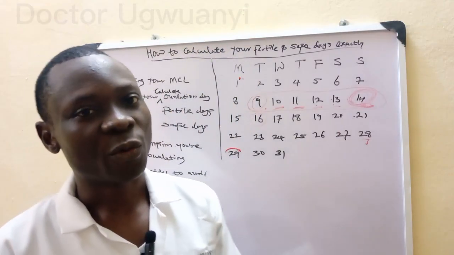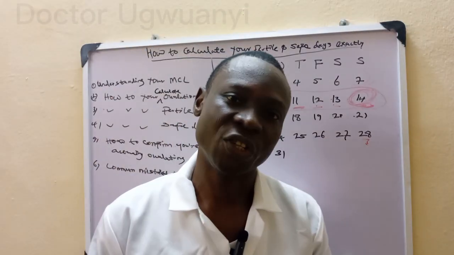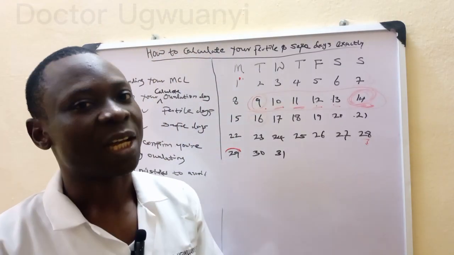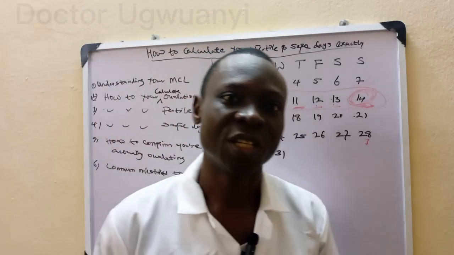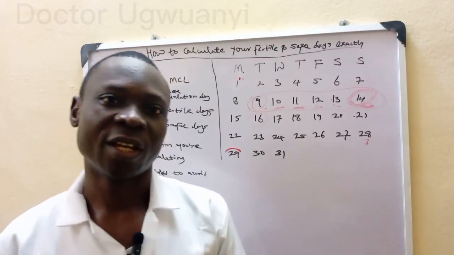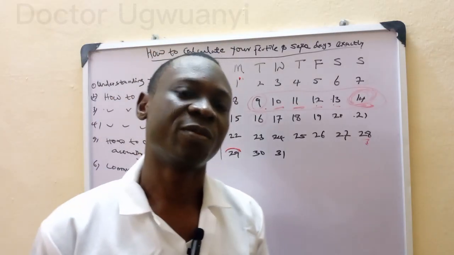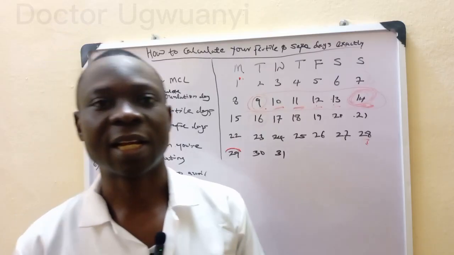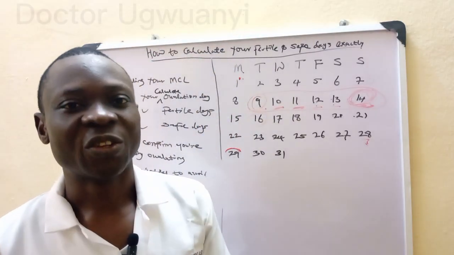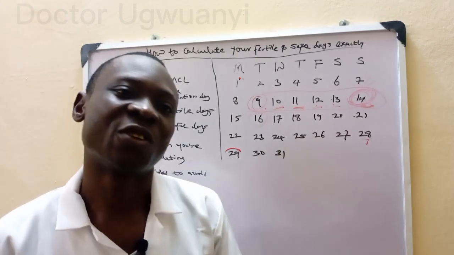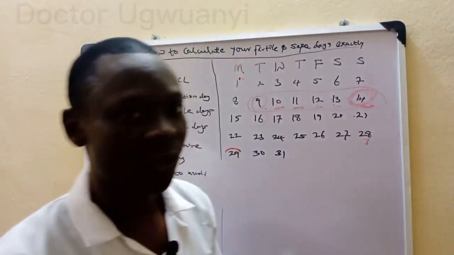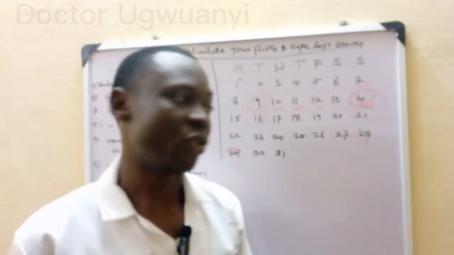Like the egg white cervical mucus change, your sudden increase in libido, your boost in energy, and the one-sided ovulation pain. So these are some ovulation signs that can guide you. If you want to know each of these ovulation signs, I have already discussed them. I'm going to drop a link under the comment section so that you go there and watch it.